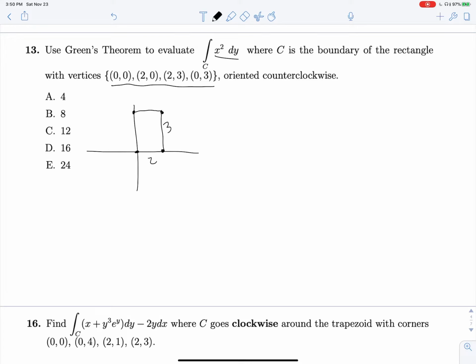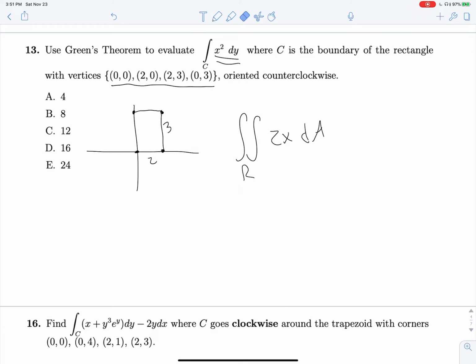So we know that x squared dy, if we apply Green's theorem to it, is just going to give us the integral over r of 2x dA.